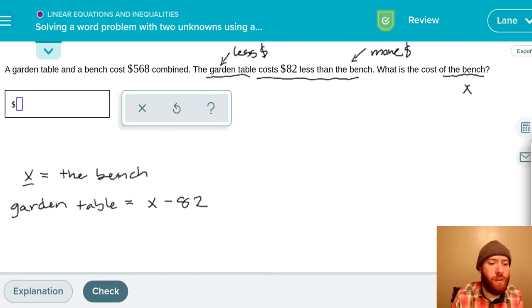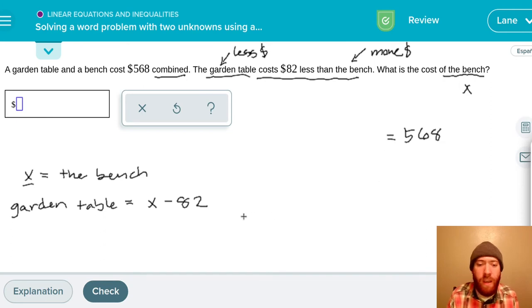Now we're going to use these two together with the first sentence to write our equation. It says that these two cost $568 combined. So combined means addition, right? If the combined cost is $568, then we should get $568 if we add the cost of the garden table to the cost of the bench.